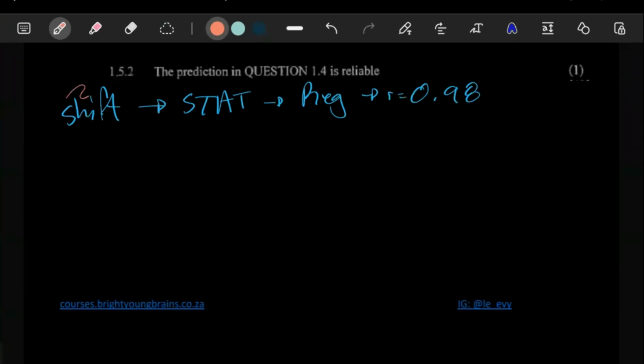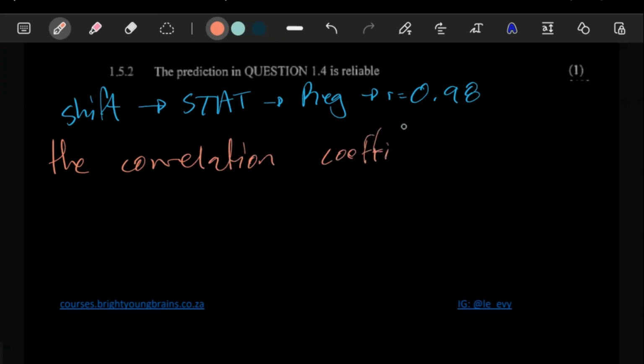So you can say here the correlation coefficient is high, therefore the prediction is accurate.